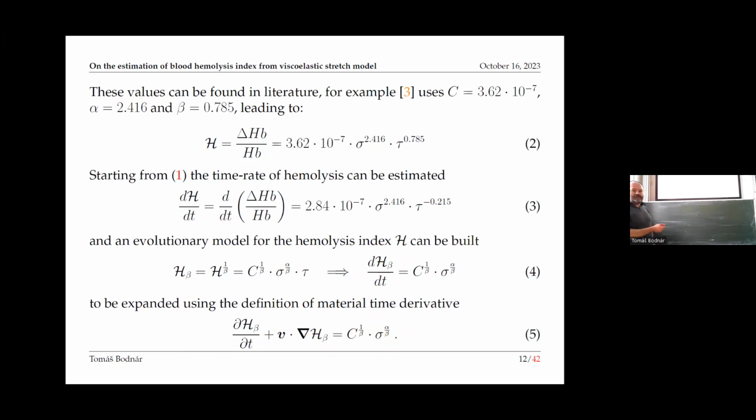From the velocity field, you calculate somehow the scalar measure of stress, you put it on the right-hand side of your transport equation, and you calculate in your device what will happen with this quantity that you can set the 0 on the inlet, like no damage, and you will calculate what will you have on the outlet. And based on this, you can already do some predictions of the hemolysis.